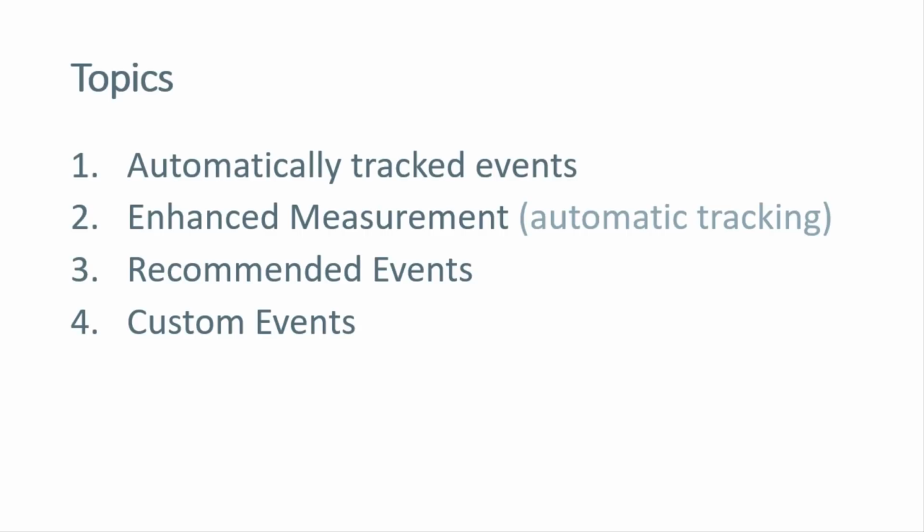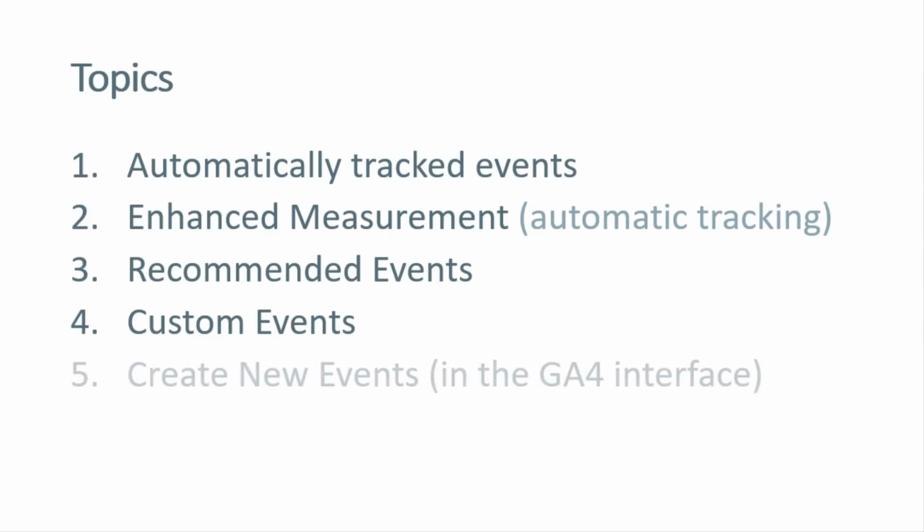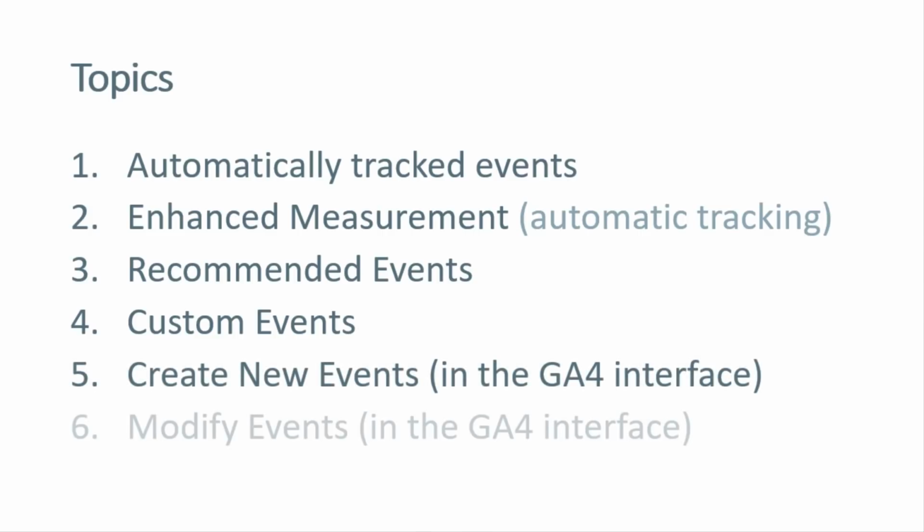Also, there are some options how you can create new or modify existing events, and you can do that in the Google Analytics 4 interface. So I'm going to briefly explain what is the create new events feature and the modify events feature. If you want to jump just to a certain topic of this video, I will add timestamps in the description of this video. All right, we have a lot of things to cover, so let's get started.